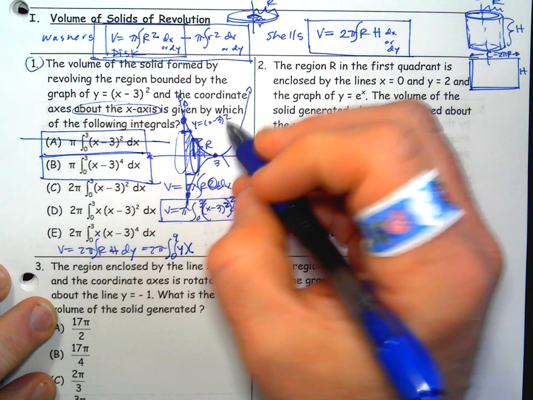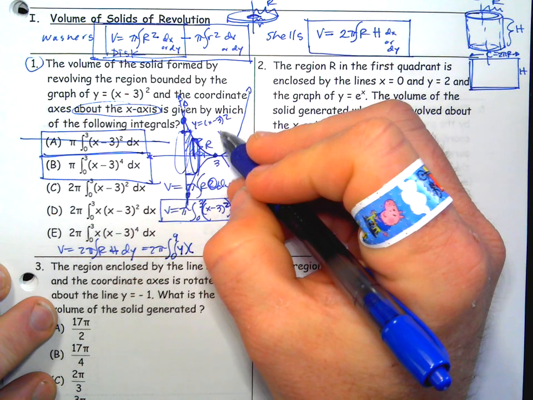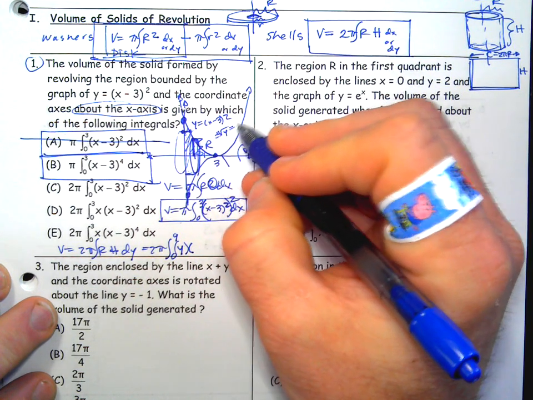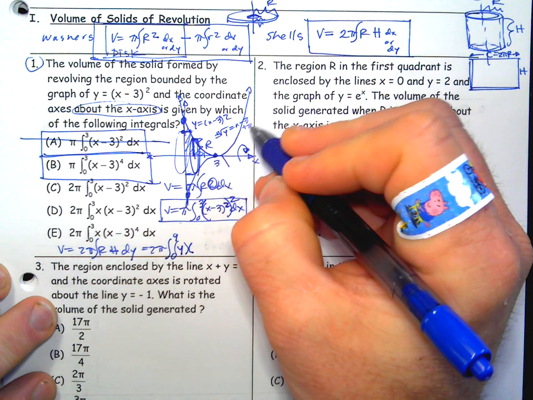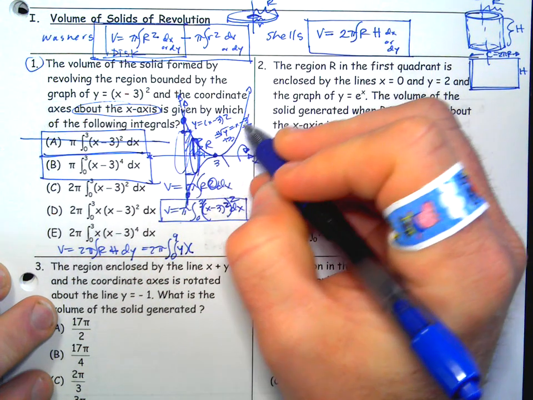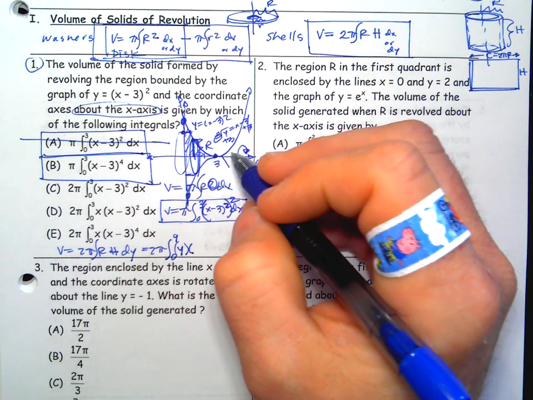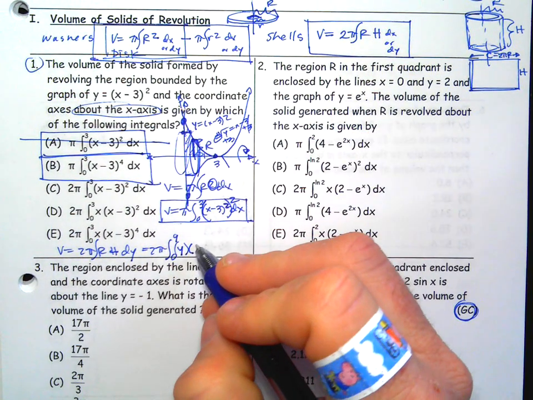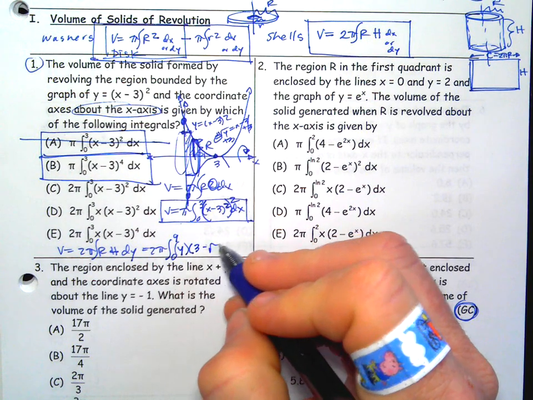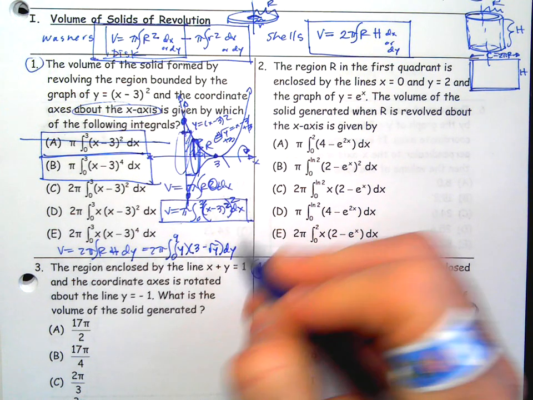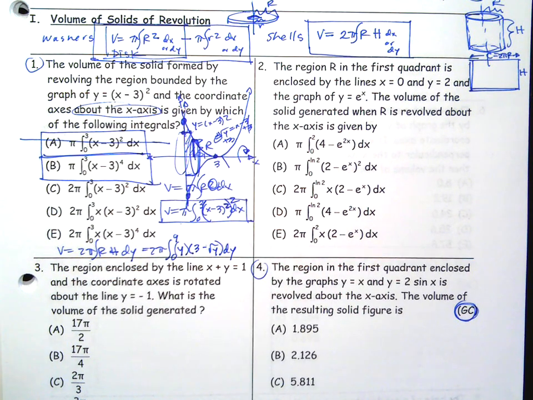So x right would be the square root of y plus 3. Now we're going to go with the negative square root of y because it's the left half of the parabola. So it would be 3 minus the square root of y dy. So that would be the shell setup.